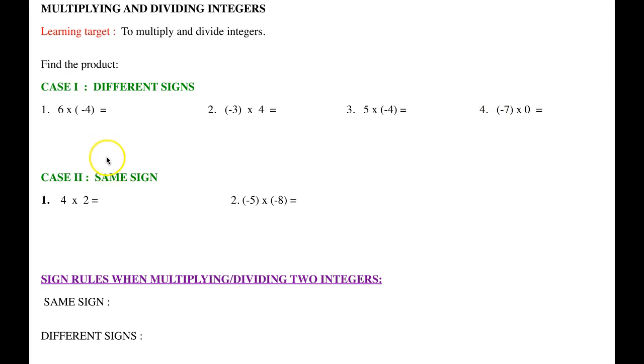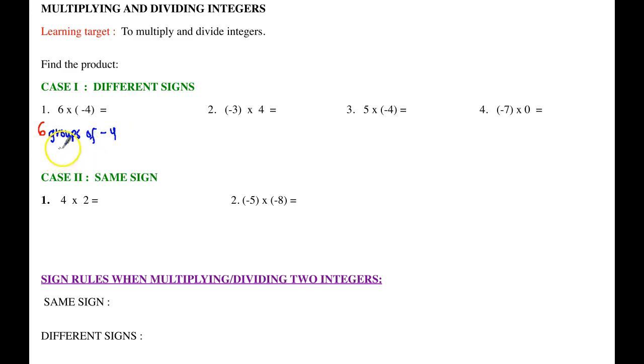So let's get started. First we have 6 times negative 4. Again, I'm going to translate this to English language. 6 times negative 4 means you have, let's use blue, 6 groups of negative 4. And we know that 6 groups of negative 4 is just repeated addition.